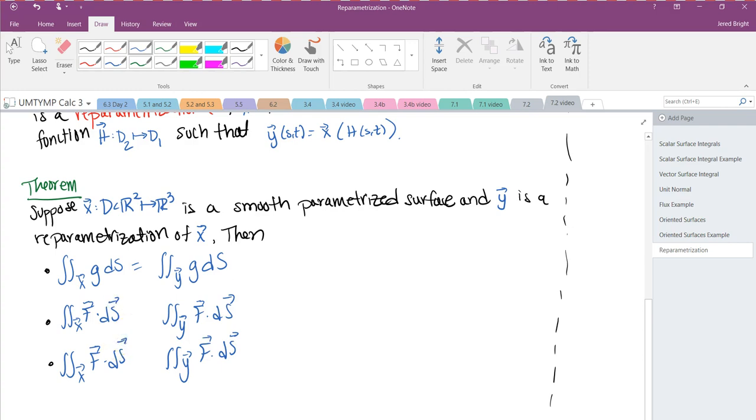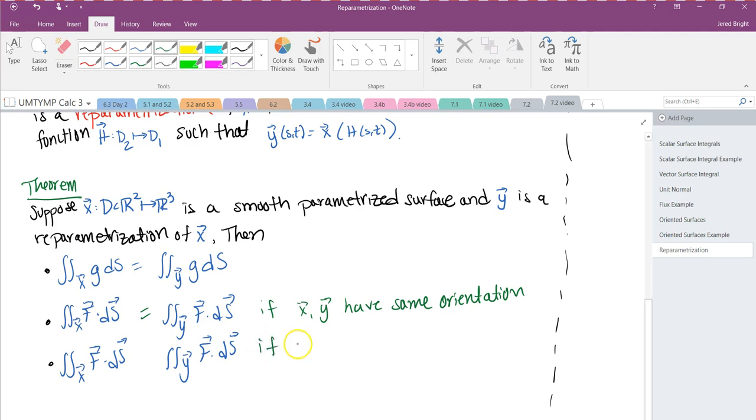Okay, so when comparing the flux, if X and Y have the same orientation, then you might expect that their fluxes are the same. The flux under each parameterization should be the same.